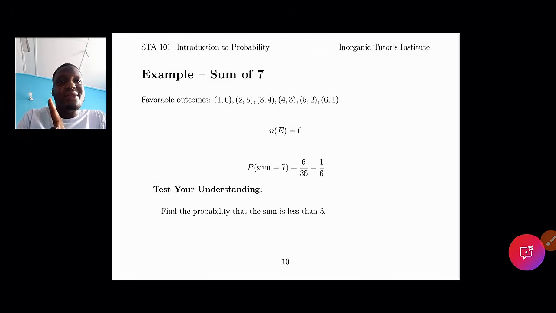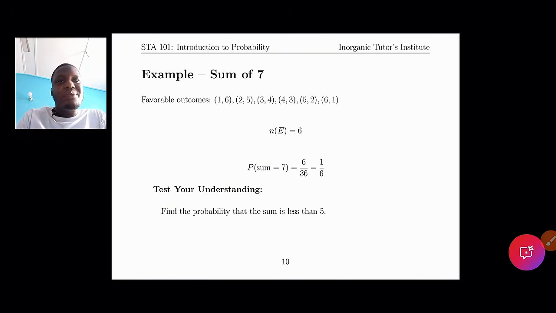It is not less than 5, it is equal to 5, so you don't bring it. You can't add 1 5 or 1 6. Then you come to 2. You can add 2 1 because the sum is less than 5. 2 2 is also less than 5. You can't add 2 3. So you do all these, you choose the outcomes where the sum is less than 5. That will be your event, your set E.